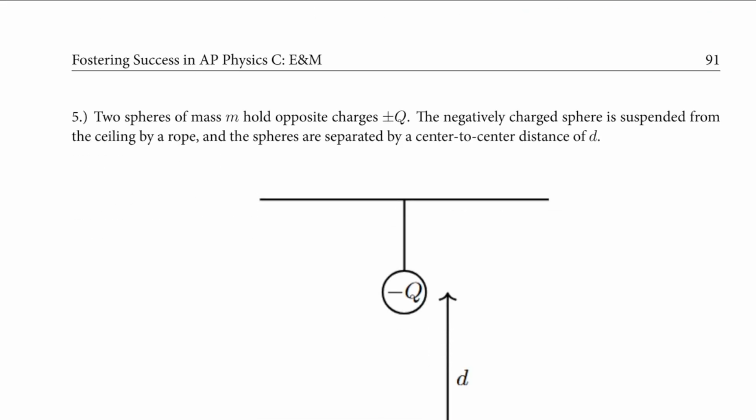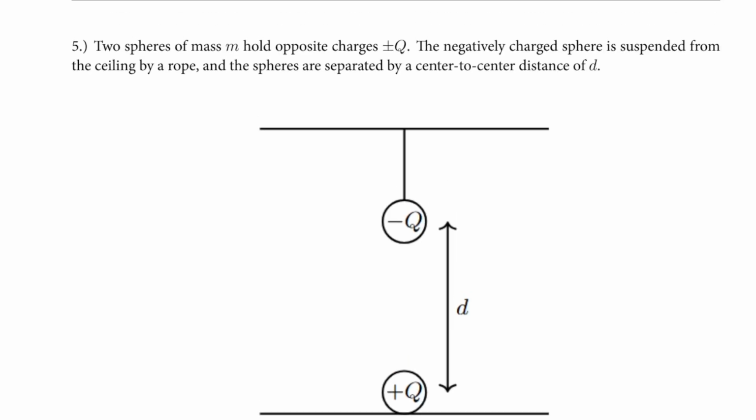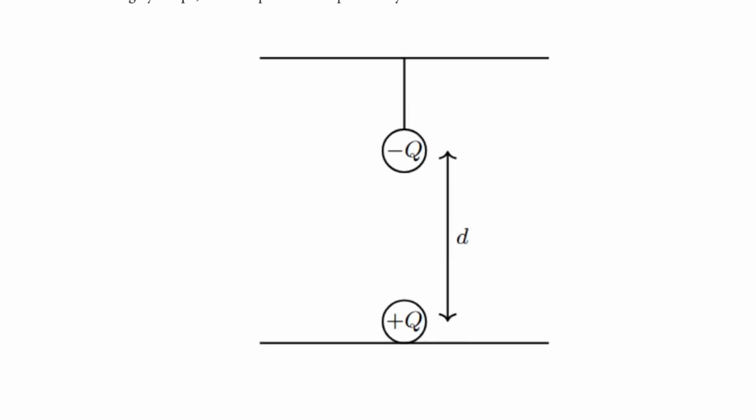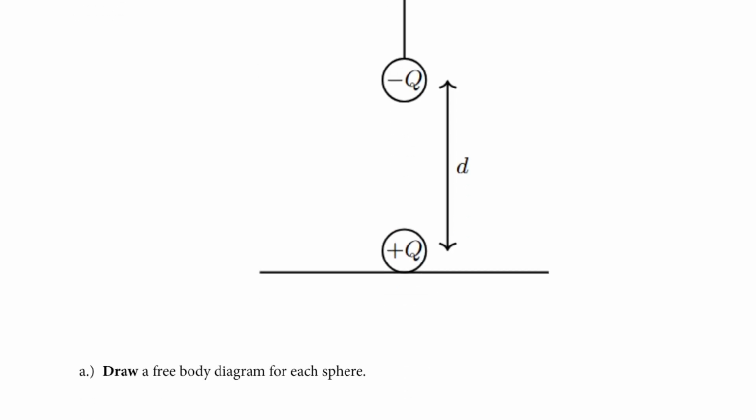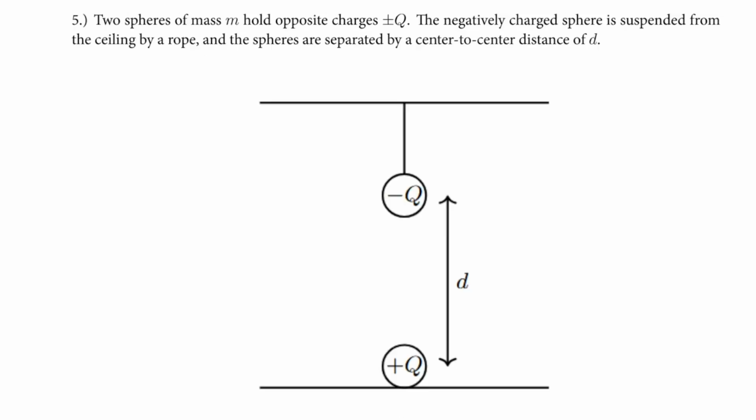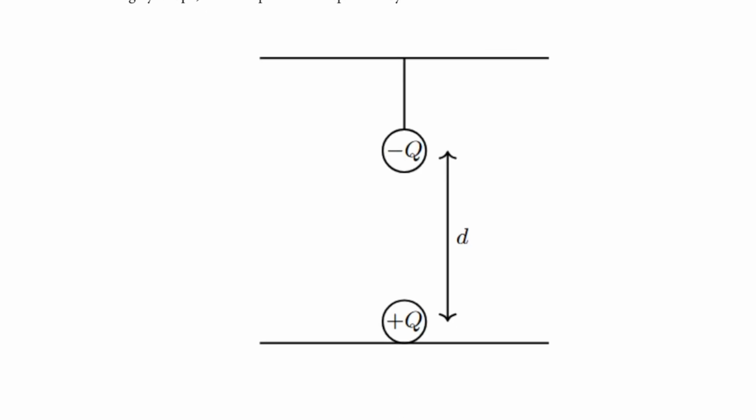All right, now for some force balancing. So we have two spheres, their center to center distance is d, and we're going to be interested in drawing some free body diagrams here. So one of them's hanging, one of them's on the ground. So first of all, for our hanging sphere, both of these spheres do have mass, so it is going to experience a gravitational force, mg, downwards, and it's also going to experience an attractive electric force downwards.